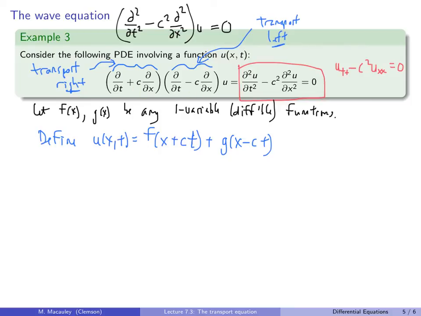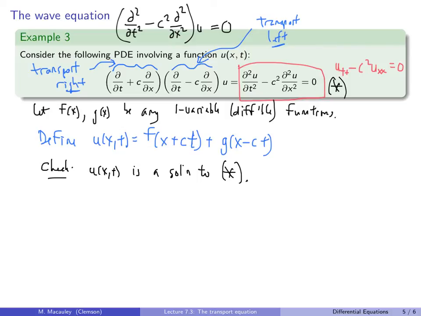And then I'm asking, does this thing go to 0? Well, let's see. The f part is going to be killed by the transport left operator, and the g part is going to get killed by the transport right operator. So I claim this is a solution to this PDE right up here. So it's easy to check that u of x, t is a solution to, put a star there, that PDE.